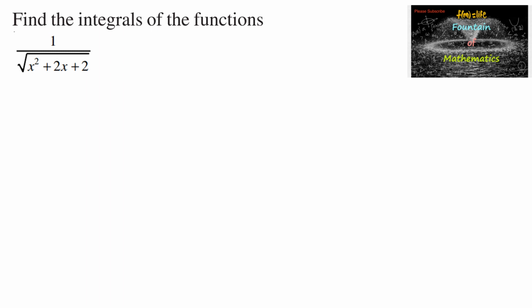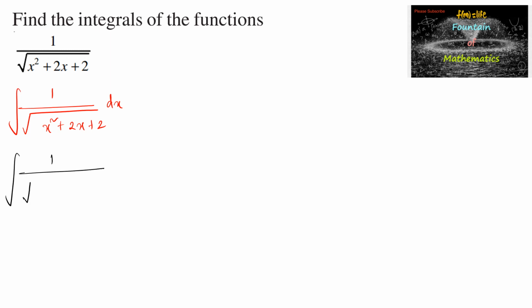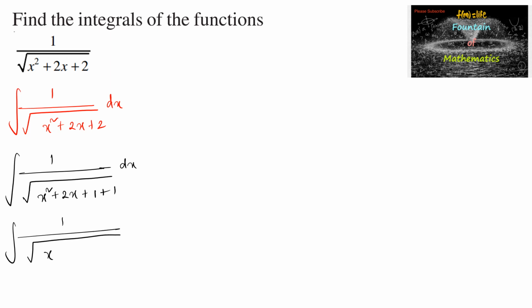Find the integral of the function 1 upon root of x square plus 2x plus 2 dx. So we can write this as integral 1 by root of x square plus 2x plus 1 plus 1 dx, which is integral 1 by root of x plus 1 whole square plus 1, we can write it as 1 square dx.